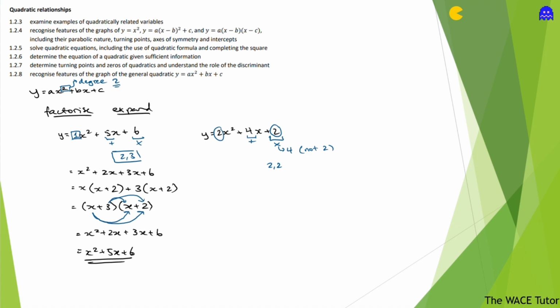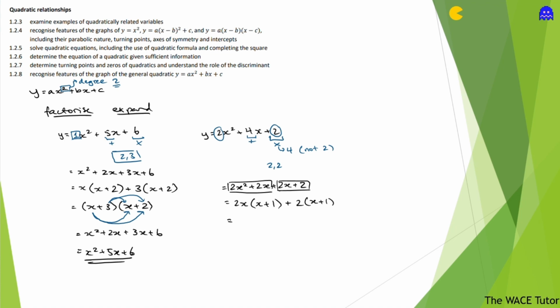And so we can write y equals 2x squared plus 4x plus 2 as y equals 2x squared plus 2x plus 2x plus 2. And factorizing, these two share a common factor of 2x, that's the highest common factor: 2x, x plus 1. These share a highest common factor of 2, so 2 multiplied by x plus 1.